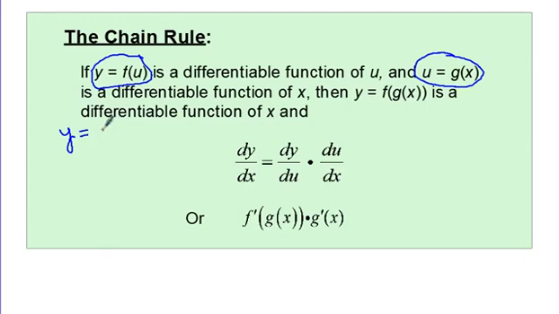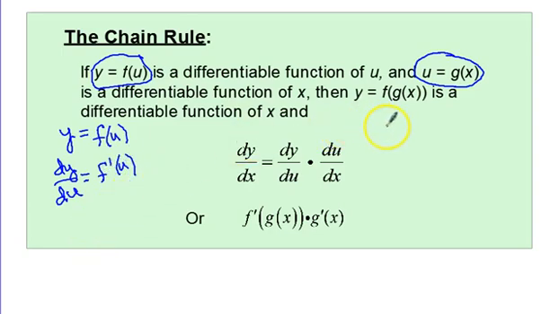That's the dy dx notation. So we have y equals f of u. Well, dy, and what's the variable I'm taking the derivative with respect to? In this case, it's u. So dy du is equal to f prime of u.